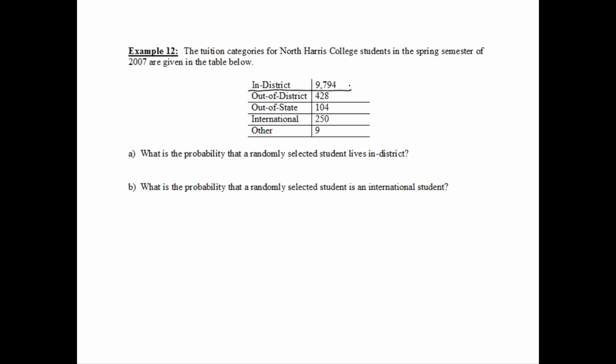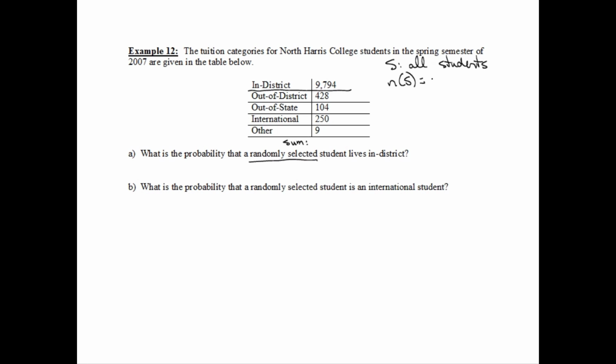Well, let's think about our sample space. What's our experiment that's occurring? We are randomly selecting a student. So what are our possibilities? All students, right? If it's really truly random, all students have an equally likely probability of being selected. How many are in here? I would add all of these up.